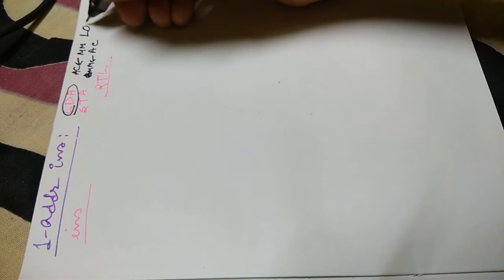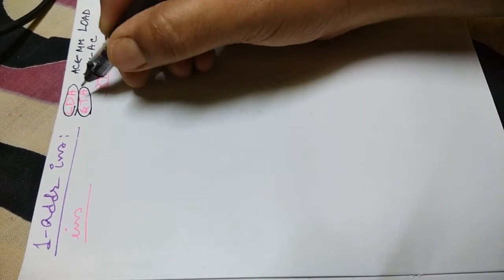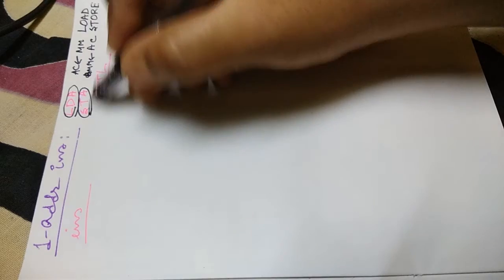We have to write LOAD, not LDA, because LDA is a specialized form in 8085, but this is a general format because we are studying the types of CPU organization. Here it may be 8085, 8086, 8088, whatever. STA means store, so we have to write store, not STA. Remember it.